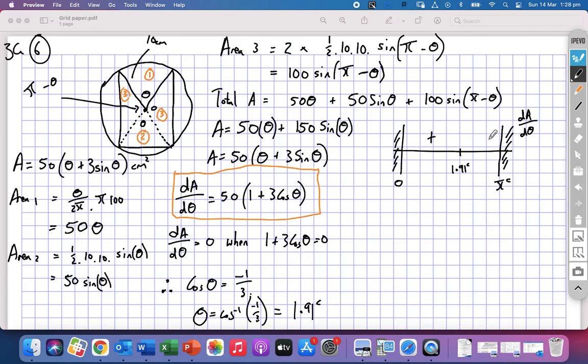Over here, maybe we test, well, we're only going up to pi. Maybe we could test 5 pi on 6, or we could test 3 pi on 4, right? We've got to make sure we're above. If you're doing it on the calculator, maybe you could do 2 radians, right?